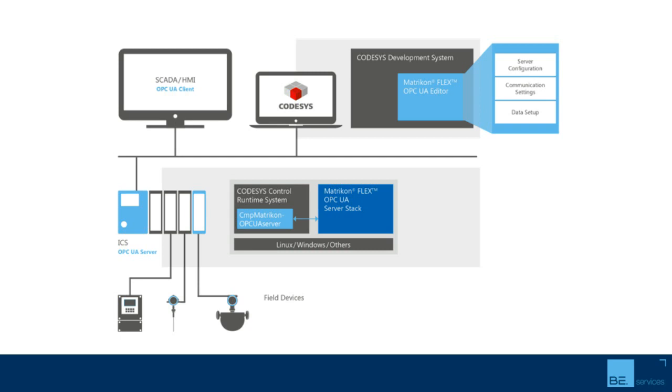So in order to keep the same strategy, the same culture, we also developed a new editor that is completely integrated in CODESYS that allows the engineer to configure the Flex server, to do the data setup, and to configure the data that he wants to expose over OPC UA. So the porting and the integration of both technologies is already done, and it's very easy to use both technologies together.